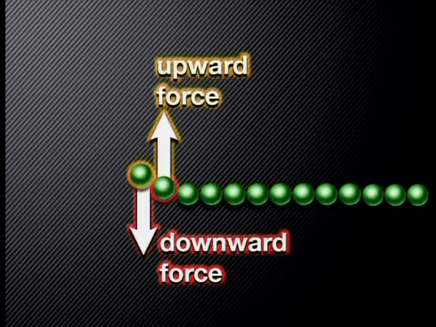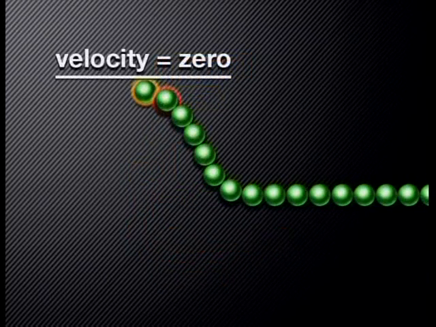This means that each particle of the medium experiences an upward force that causes it to move from the rest position, but there's also an opposite force causing the particles to slow down. This opposite force means that particles reach their maximum displacement with zero velocity. They then change the direction of motion and return to the rest position.